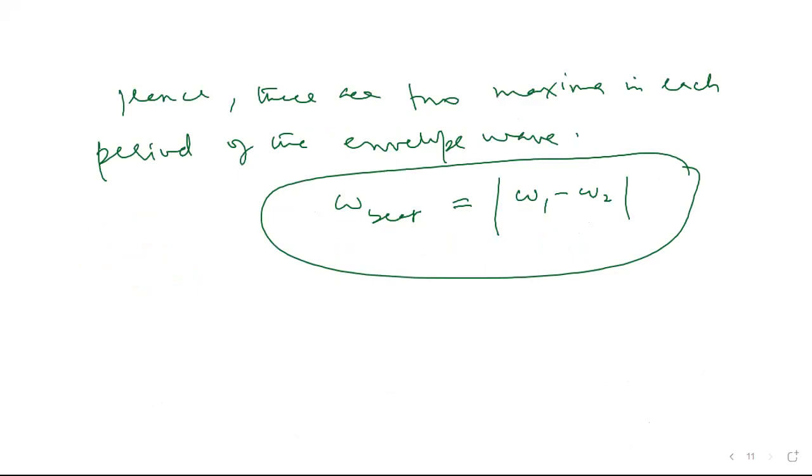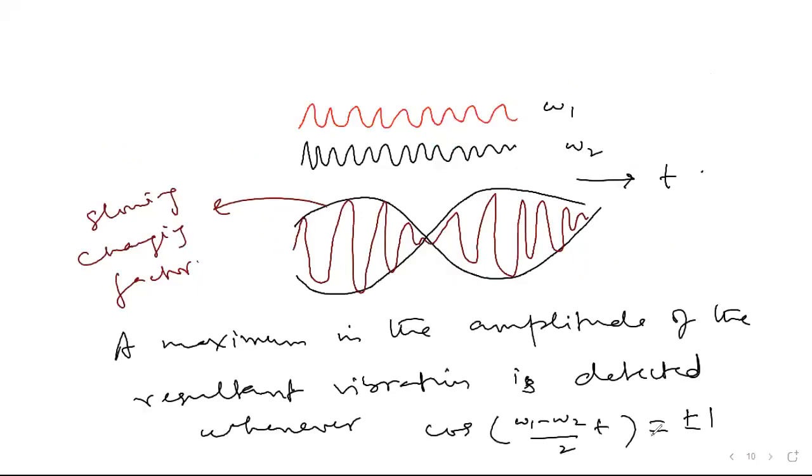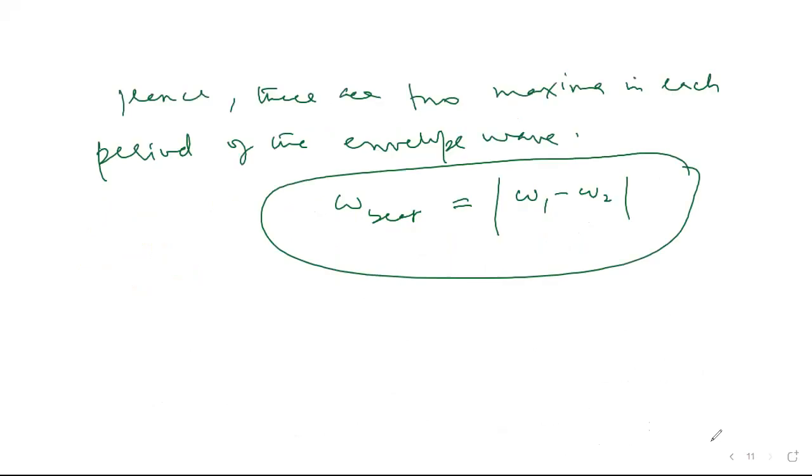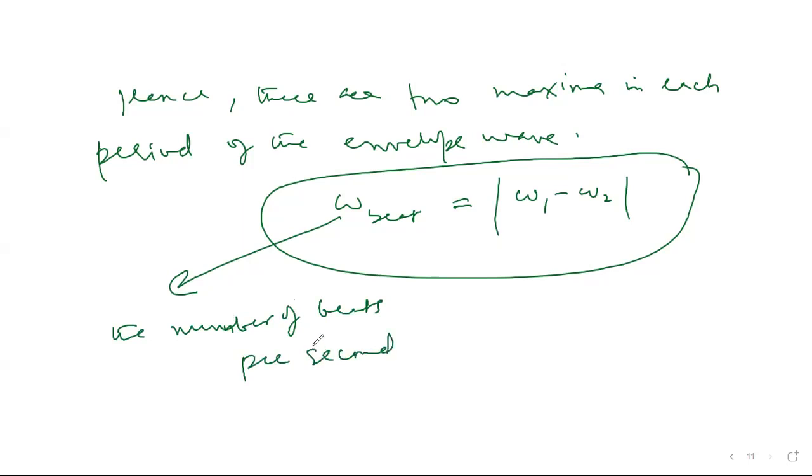So the number of beats per second, which is the beat frequency, omega beat, is twice omega 1 minus omega 2 by 2, which is omega 1 minus omega 2, right? So beat frequency means the number of beats per second, right? So you can see a beat is the maximum of amplitude.